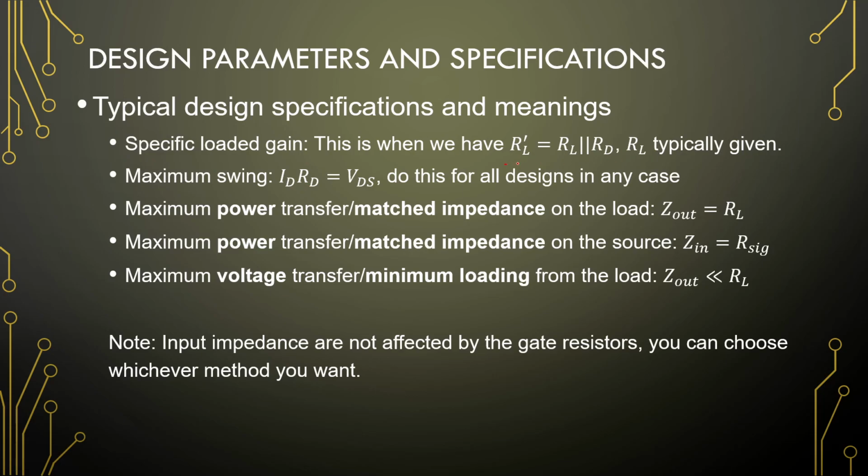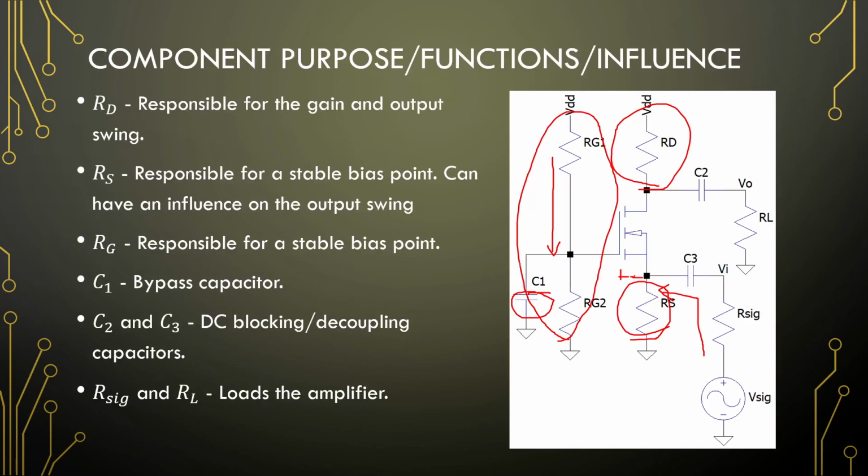When a load is given and we want R load prime, which is just the parallel combination of the load and the drain resistor. So AV, not AV0. Then you always try and design for ID RD equal to VDS. So the voltage across these two to be the same.